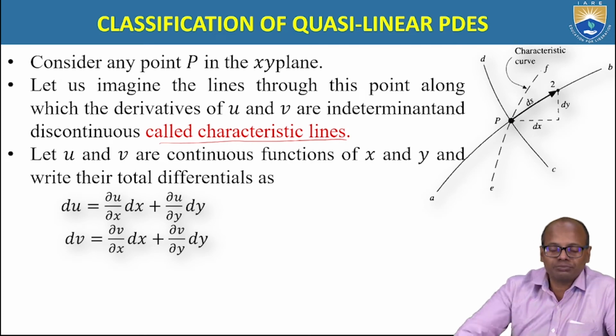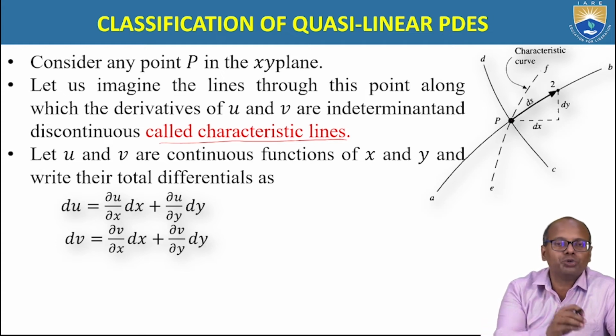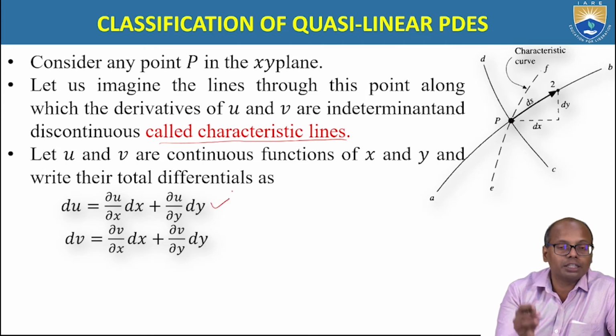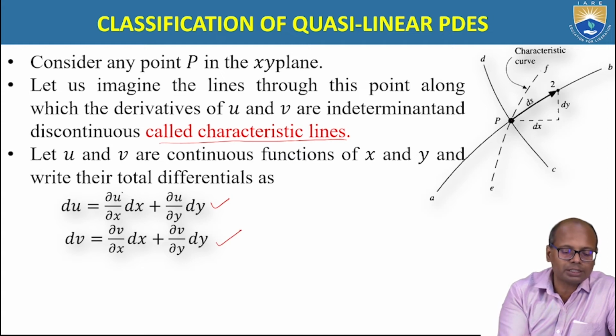First, after considering the two equations, we are considering that u and v are continuous functions of x and y. Now, when u and v are continuous functions of x and y, the total derivative of u can be expressed like this, and the total derivative of v can be expressed like this. So what is this?